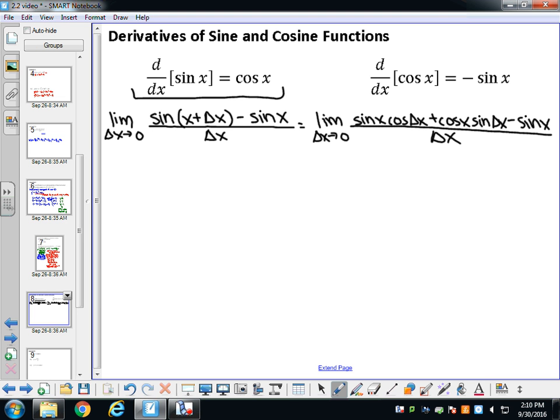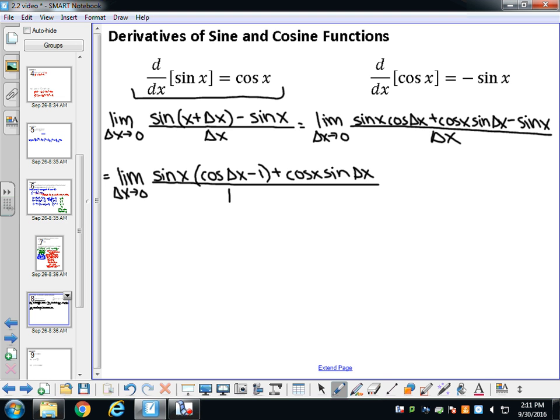Now I'm going to do some grouping so that I can pull out a sine of x from my first term and my last term, and I'm just going to hang on to the other stuff. The reason I'm going to group them is they both have sine of x, whereas the other one has sine of delta x.